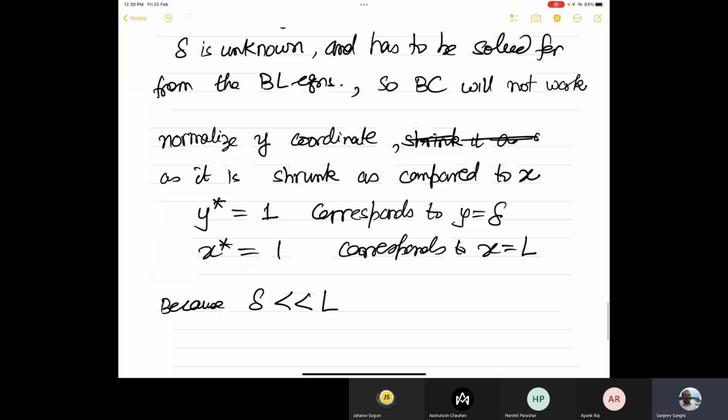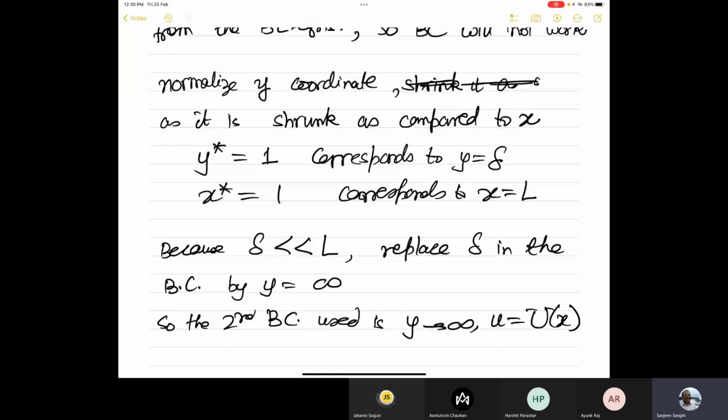So that is how one solves it. This is what one does in asymptotic analysis. Our y coordinate is very shrunk as compared to x. So when we talk of going very large distances in y, that means we will still be of order 1 in the x direction. So that is why we shrink it.